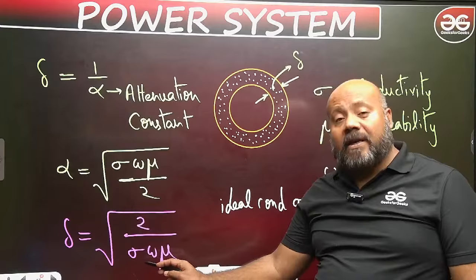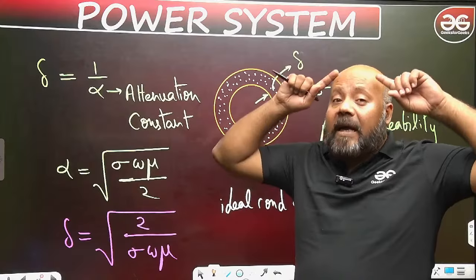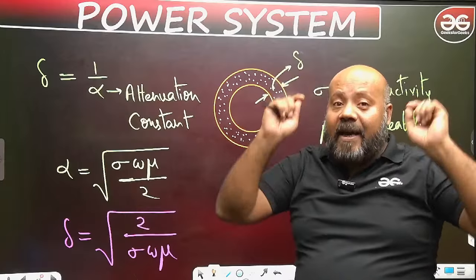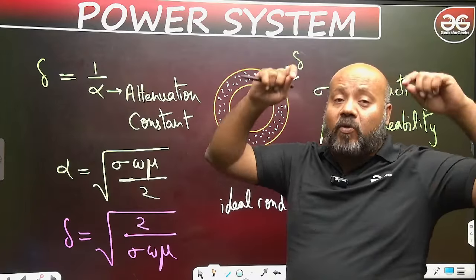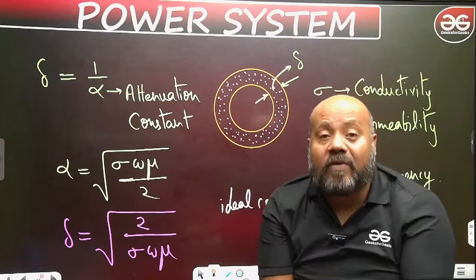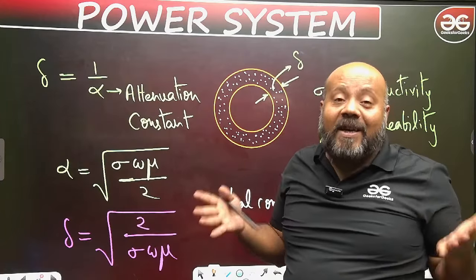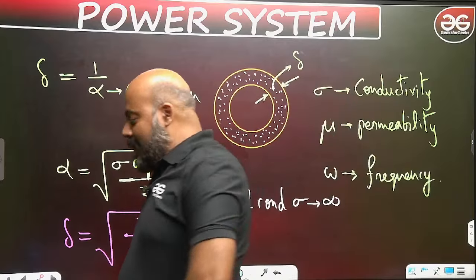If the conductivity is infinite, del becomes 0. It means for an ideal conductor, the AC current has a tendency to be available only on the skin of the conductor or the surface of the conductor. Are you getting this? And that is the reason it is called skin effect, my dear friend.